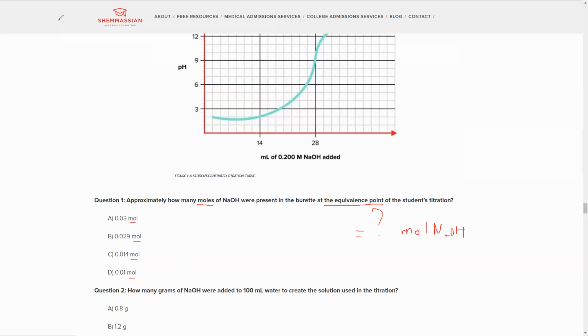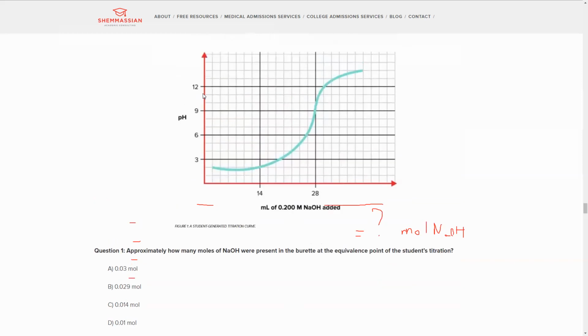Okay, so this is one of those things where your content knowledge needs to inform you of what you need to do. Anybody know where the equivalence point is on this graph? pH equals 9, yes.